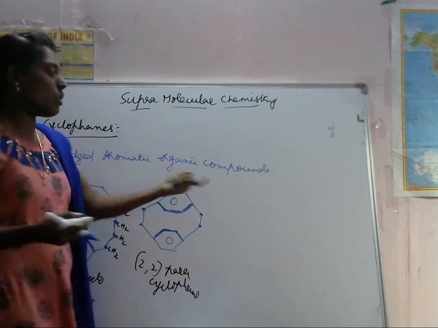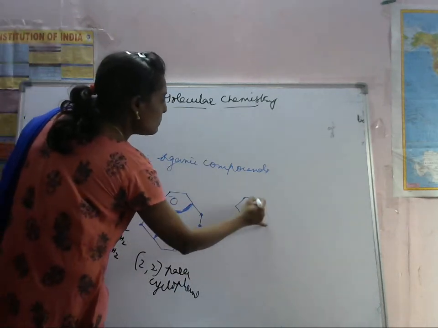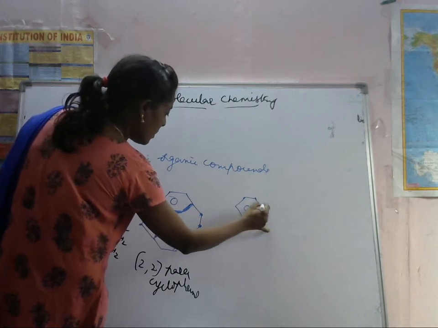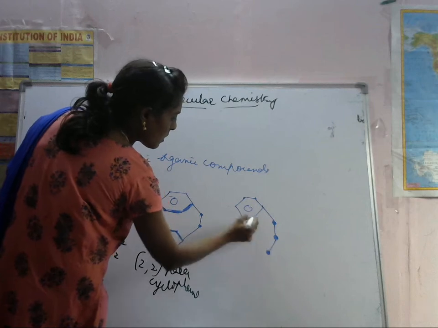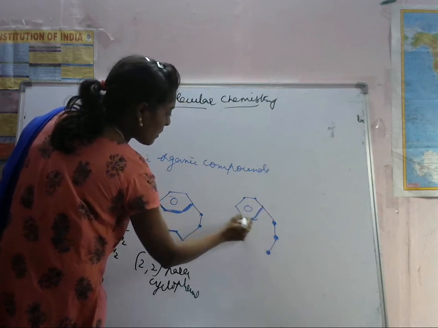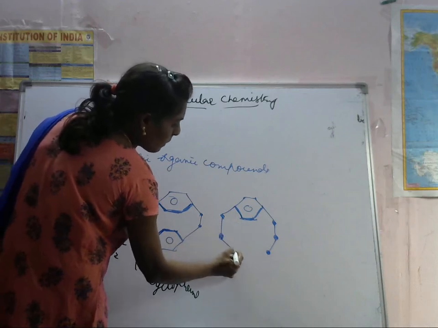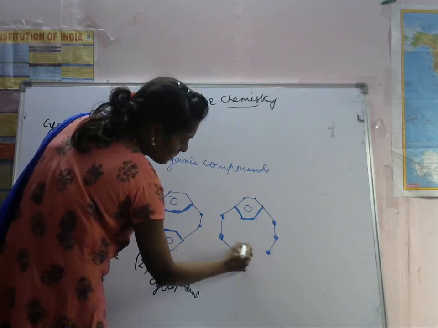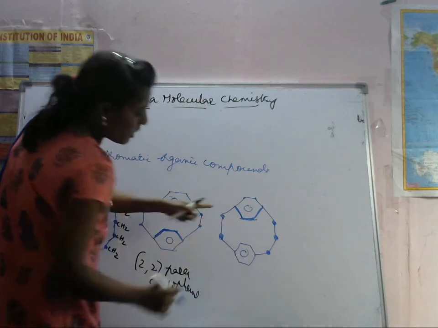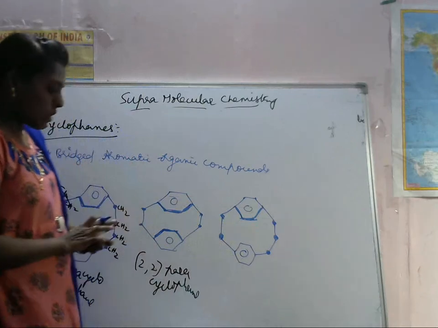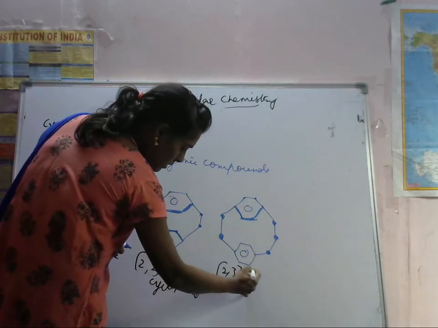If on one side it is having 3 and on the other side 2, then you see here 2 is there, 3 is there, so that's why it is called 2,3 paracyclophane.